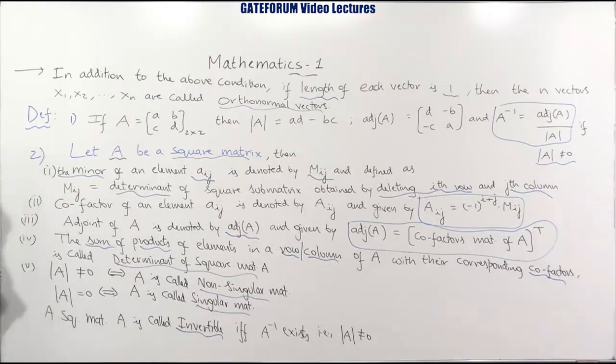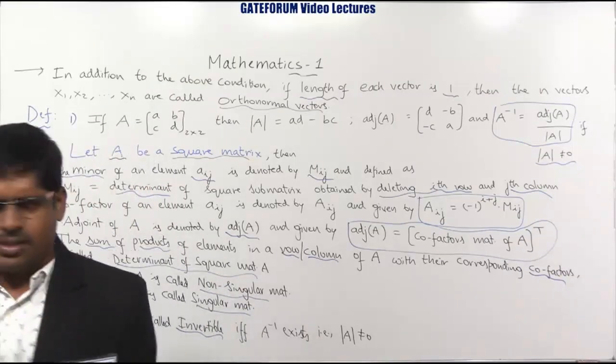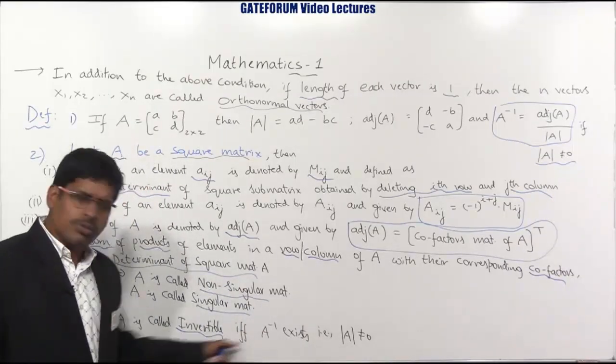Simply, invertible means the matrix inverse exists, that is, determinant A not equal to 0. This simple one more question was also asked in 2019.